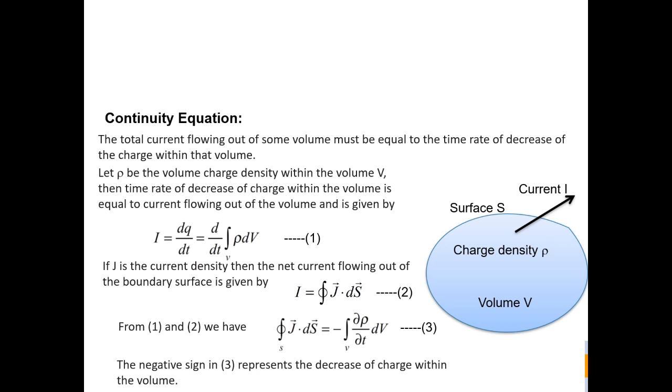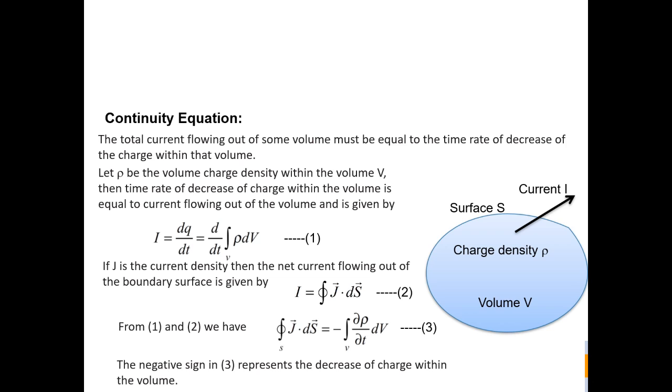So again, let rho be the volume charge density within the volume V, and if the charge is decreasing per unit time within the volume, that decrease of charge per unit time should be equal to the current, which is given by equation 1, where current is the rate of flow of charge flowing out of the volume, dq upon dt, and that should be equal to the time derivative of the charge within the volume, which is the volume charge density times the net volume.